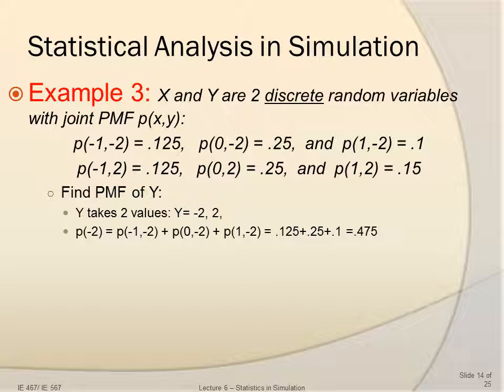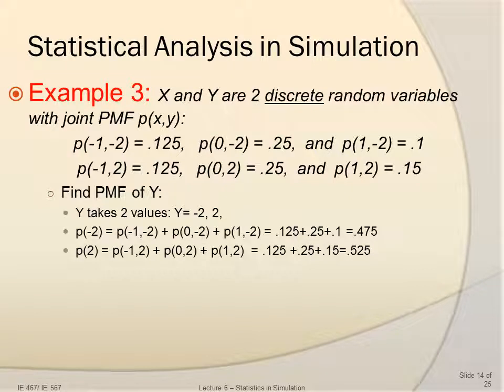The probability for -2 is the sum of all joint PMF values pxy where y is -2. Notice there are exactly three of these: P(-1, -2), P(0, -2), and P(1, -2). When we sum those up, we get 0.475.